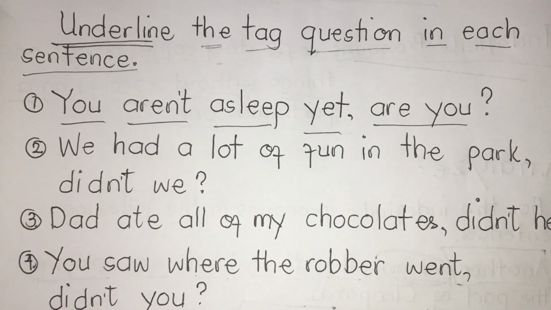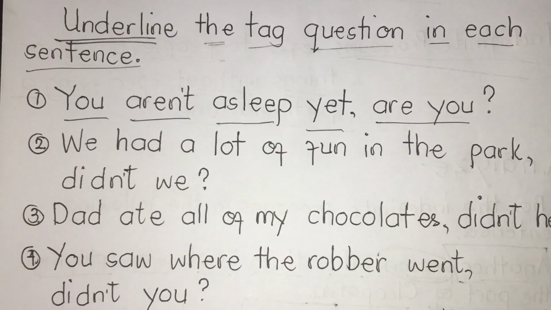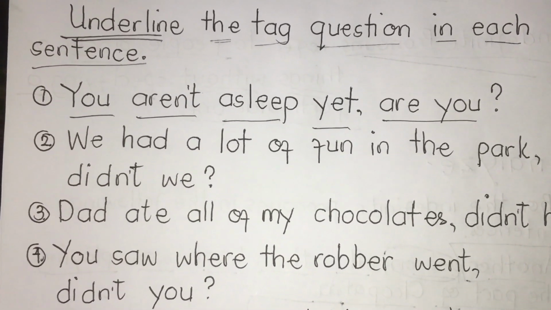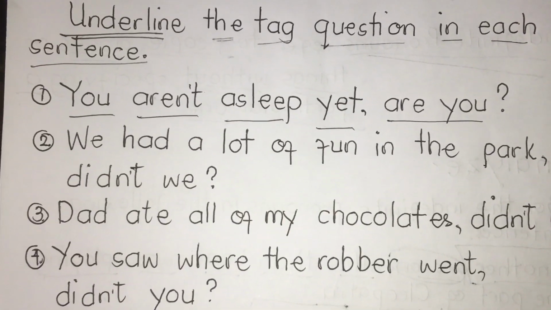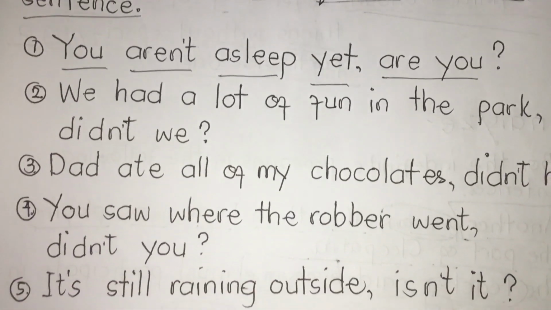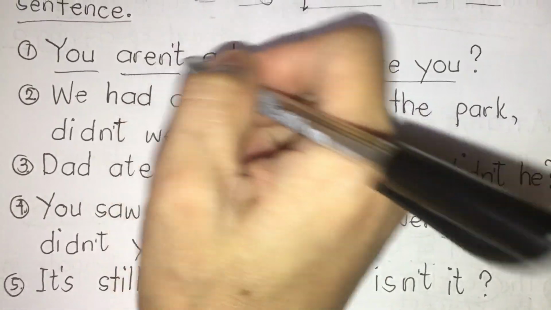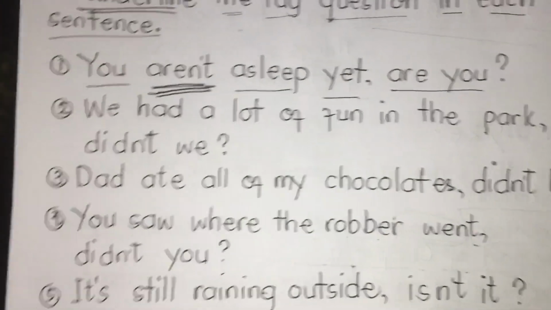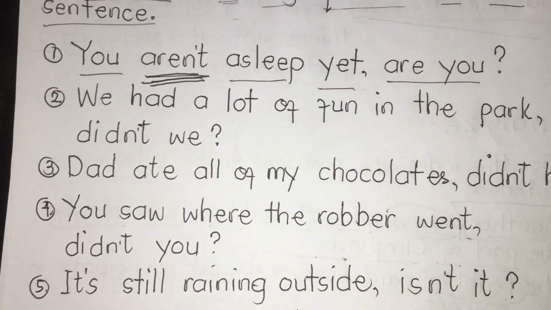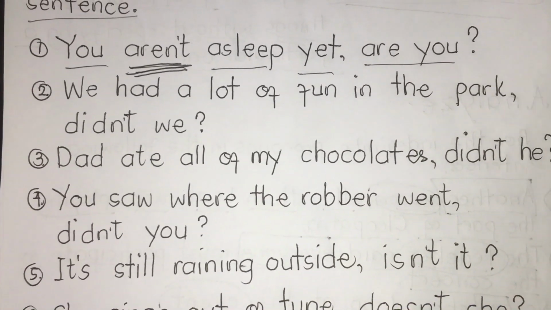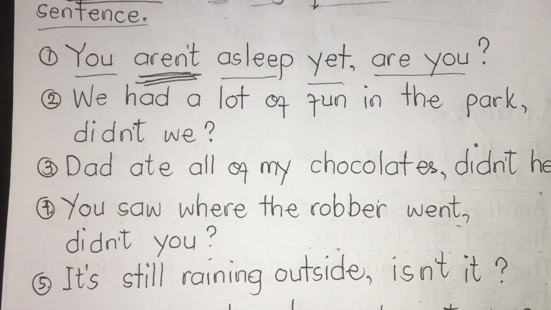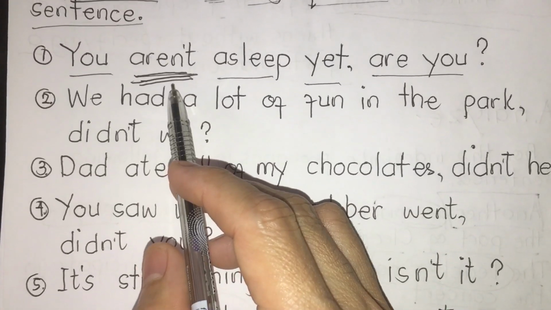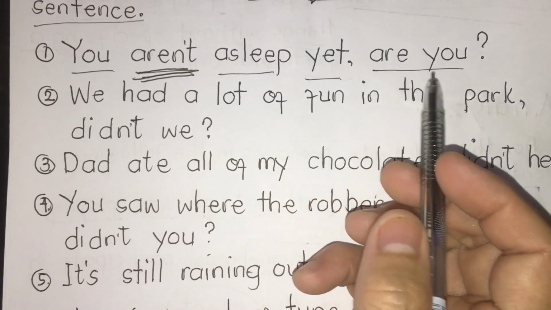First, you are going to think. So I'm going to double it, class, so that it's quite clear for you that in number 1, our tag question is aren't. The word aren't is the short form of are not. You aren't asleep yet, are you?